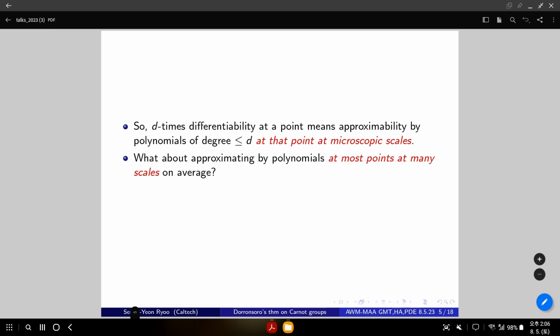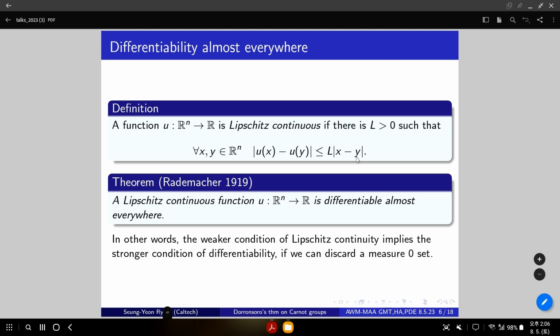One hint in this direction is a theorem of Rademacher. It tells us that a function can be differentiable almost everywhere. A function u from R^n to R is said to be Lipschitz continuous if there exists a constant L, called its Lipschitz constant, such that |u(x) minus u(y)| can be bounded by L times |x minus y|. You can see that if a function u is continuously differentiable, then it has to satisfy the Lipschitz condition.